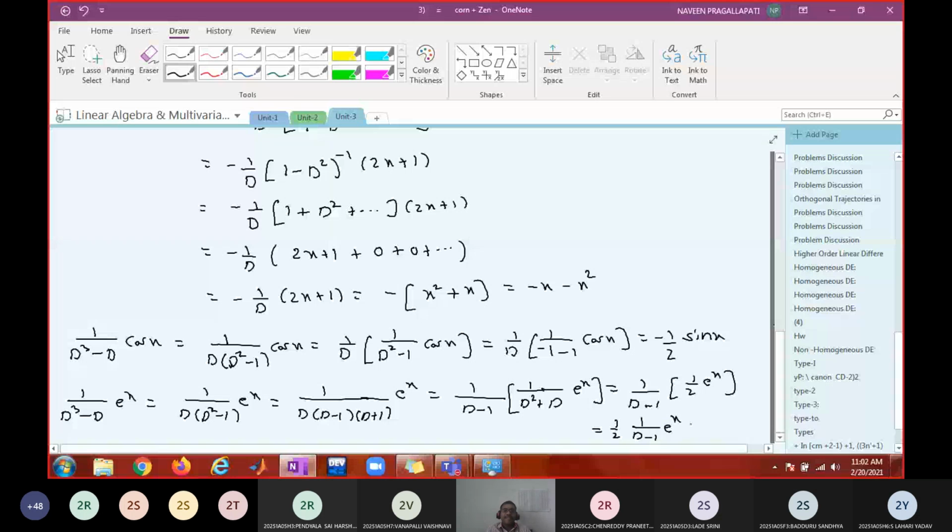Special case: 1 by D minus a of e power x is x e power x. Here a equal to 1. So this is x e power x into 1 by 2. Is this clear to all of you? Agreed or not?